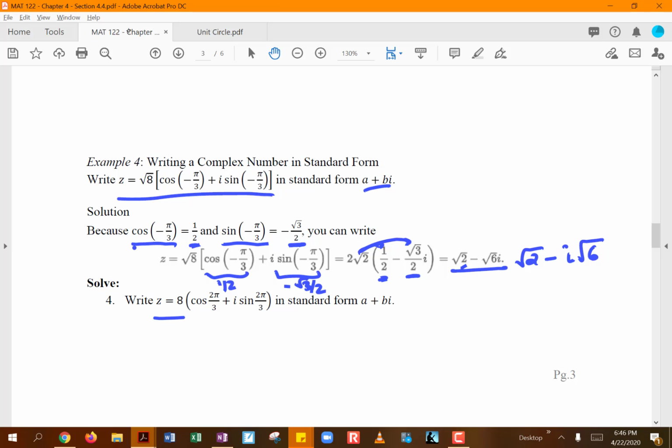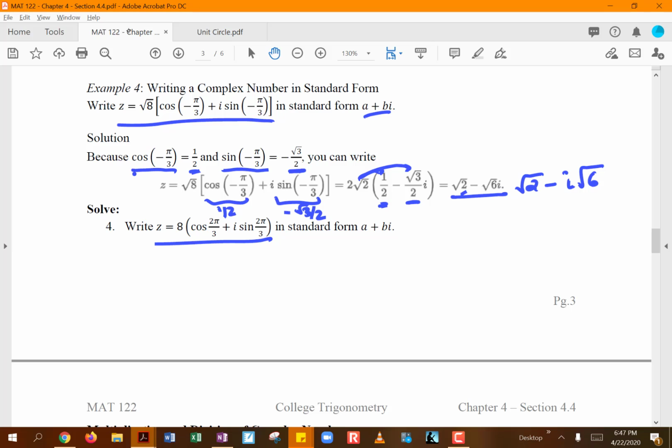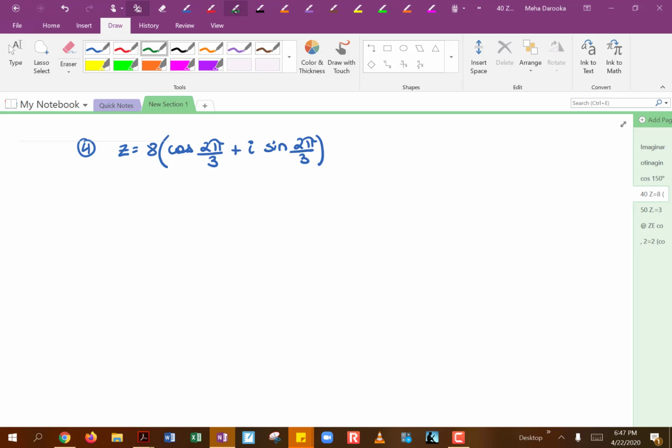All right, so let's see what we can do with our example here. z equals 8 times cosine of 2 pi over 3 plus i sine 2 pi over 3. So that's the first thing we want to do, is figure out what cosine of 2 pi over 3 and sine of 2 pi over 3 is going to be.